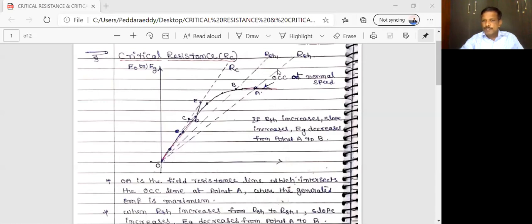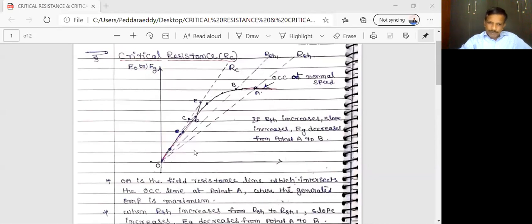So the slopes increase. We get a number of slopes. For ease of understanding, here I draw only 2 to 3 slopes. When we increase the resistance slowly, the slopes increase like this.